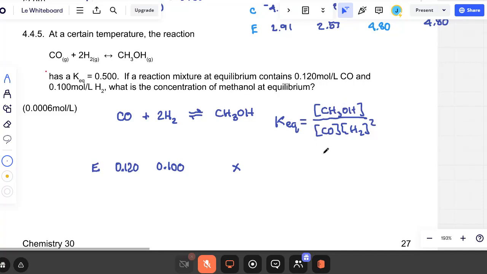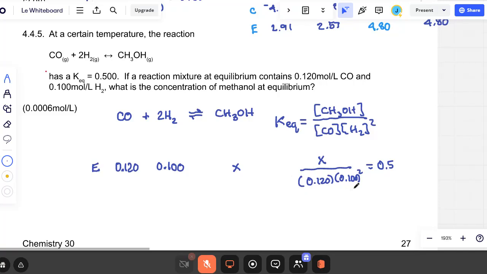We have CH3OH, which is X, over carbon monoxide is 0.12, hydrogen is 0.1, and it's squared. And they tell us that's our equilibrium constant, so it has to come out to 0.5. There are a lot of ways to solve this. I'm going to do one of the simpler ones that might not be the fastest, but it's going to work.